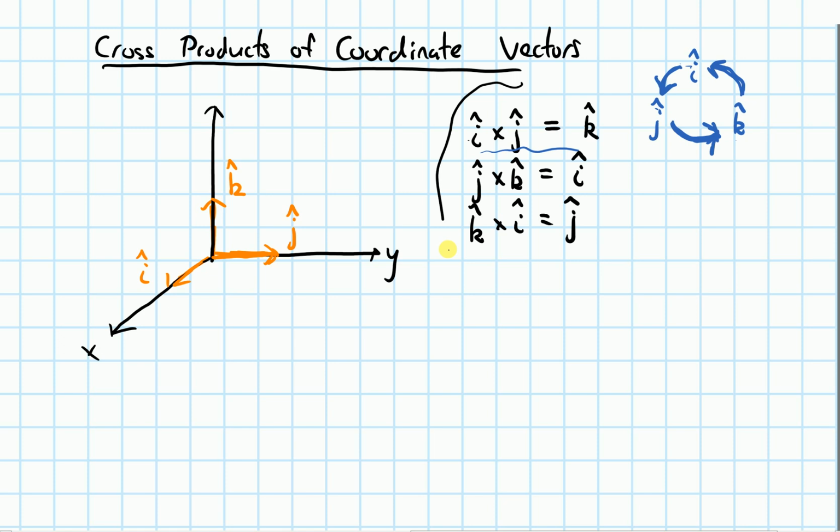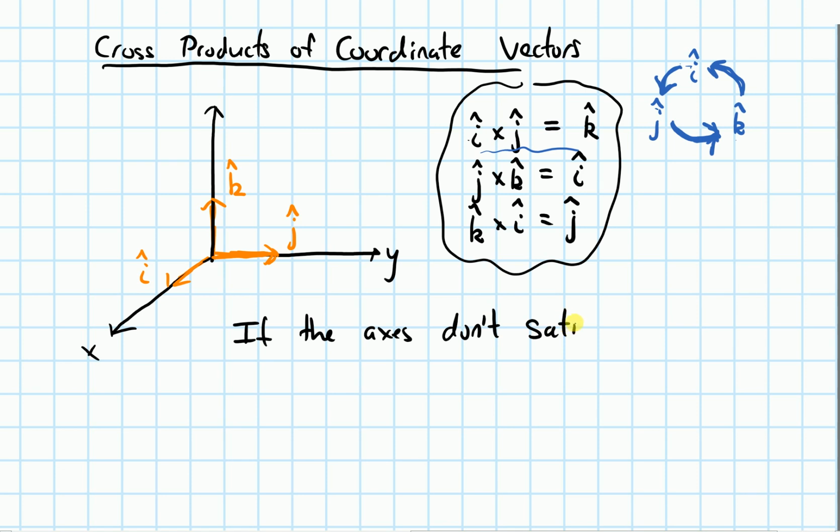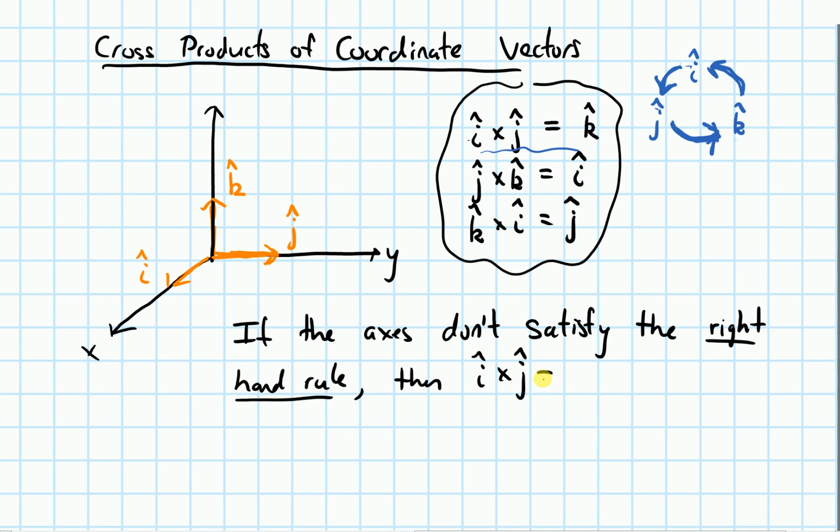All right, so I'm going to put this in a little cloud here. So if the axes don't satisfy, so now talking about the axes satisfying the right-hand rule, because the axes definitely do satisfy the right-hand rule, then i hat cross j hat would be equal to negative k hat.